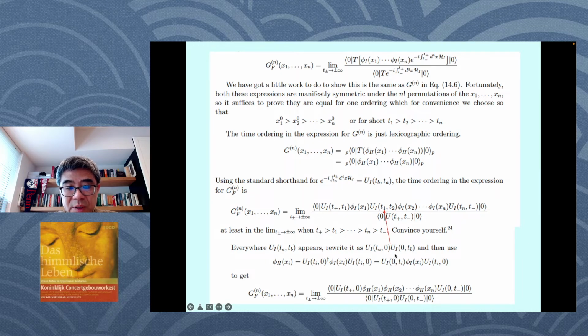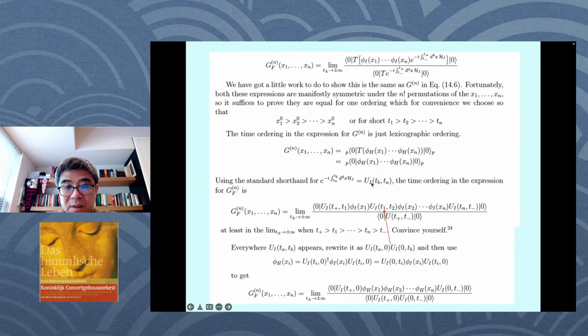Before I proceed, let me remind you, phi I and phi H are very easily related by sandwiching phi I between two time evolution operators. You can check out this formula in the earlier exposition. And UI is the time evolution operator.